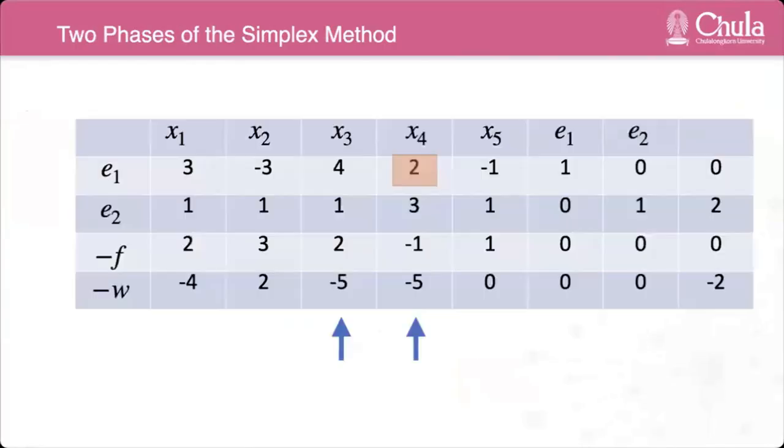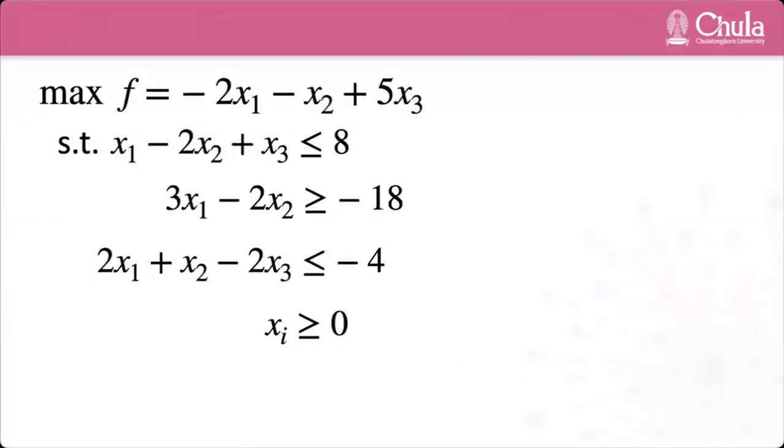And for greater than or equal, this one, right? This one is lesser than or equal. However, the constant at the right-hand side is negative. So you multiply this inequality by -1.